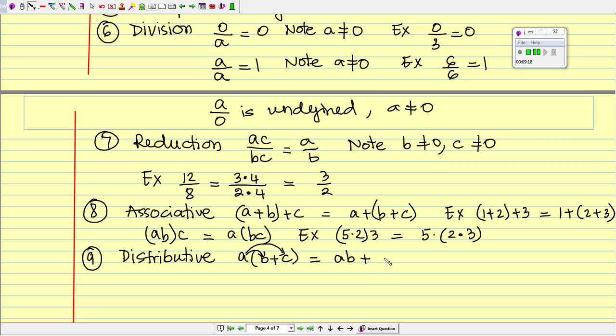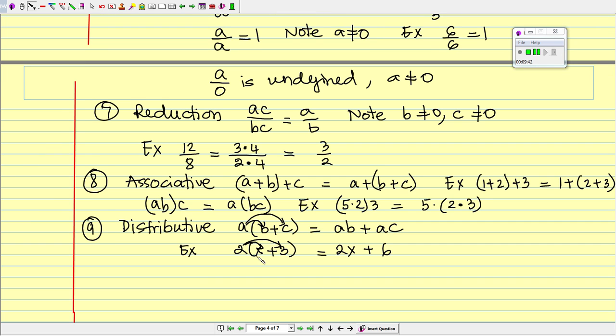So that will give me AB plus AC. So example, if I have 2 times x plus 3, distribute the 2 to each one of the terms inside our binomial. That will give us 2 times x is 2x, 2 times 3 is 6, so 2x plus 6.